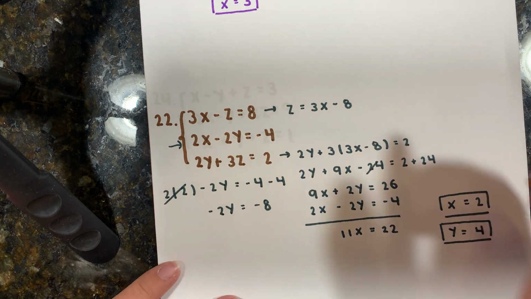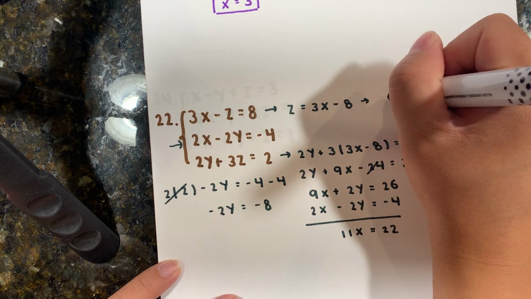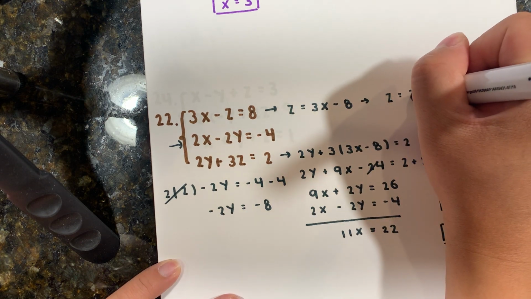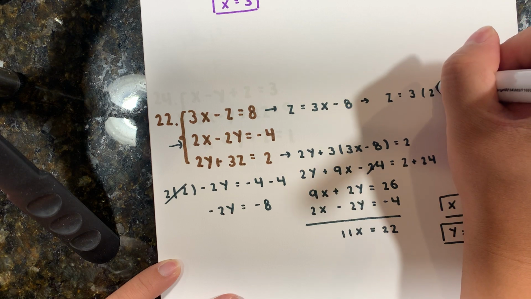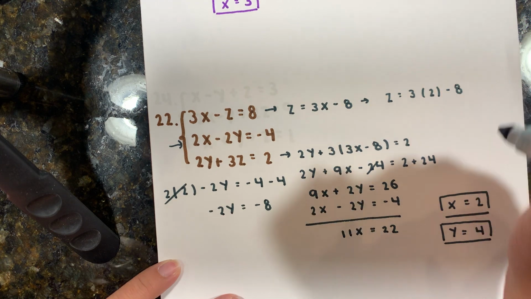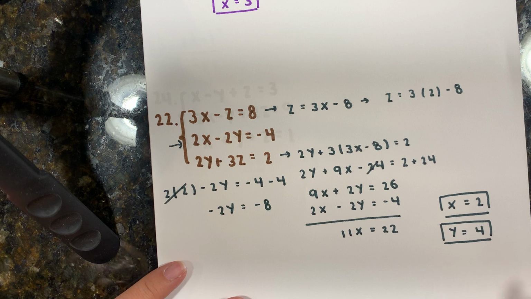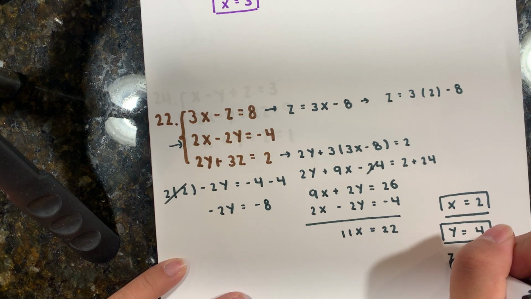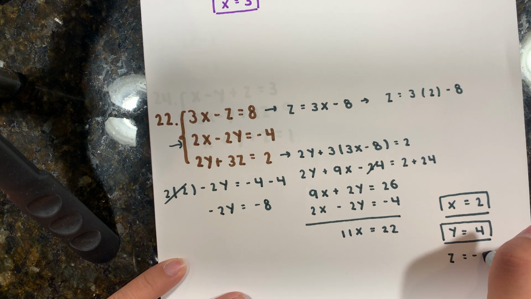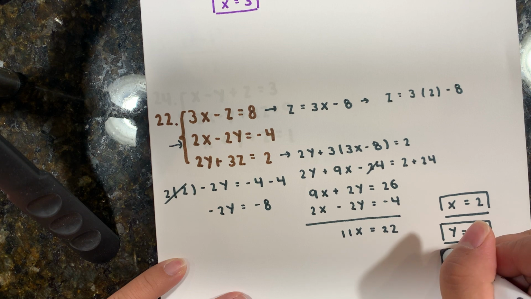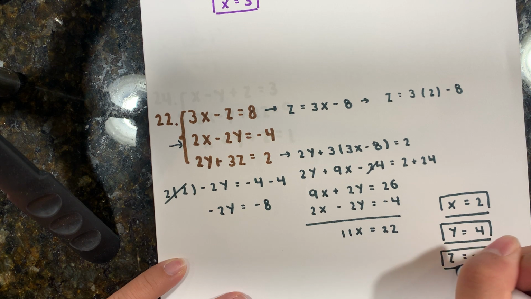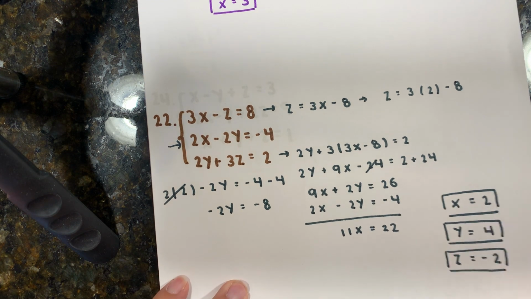Then I can solve for z because I'll plug in my x as well. So z would be equal to 3 times 2 minus 8. So 6 minus 8 would be negative 2. So z would be equal to negative 2. And that will conclude number 22.